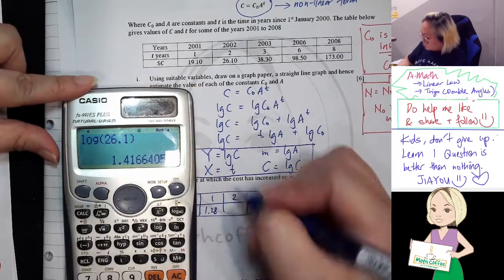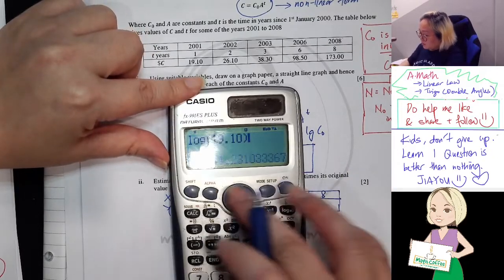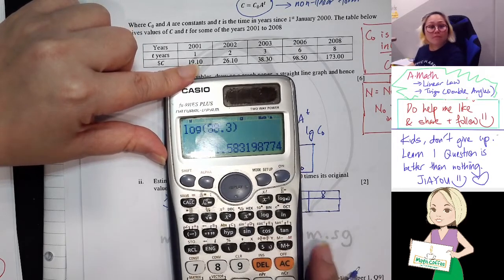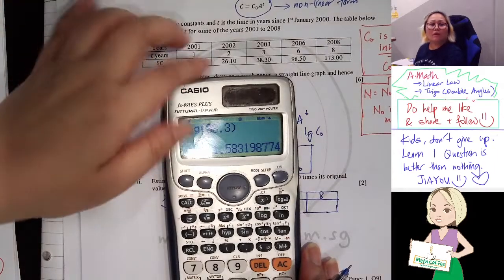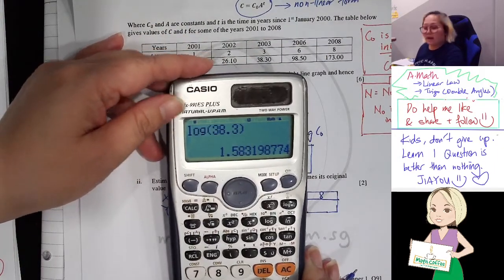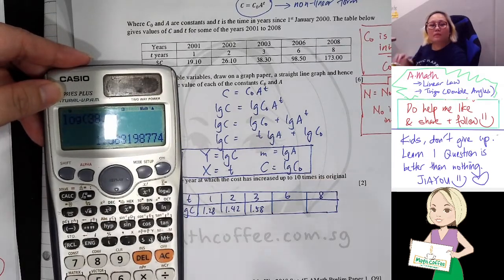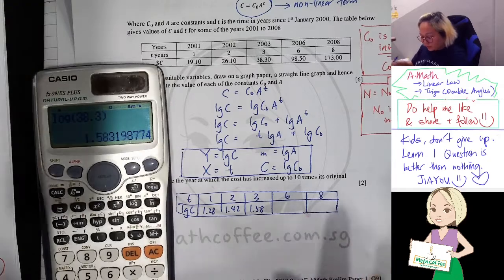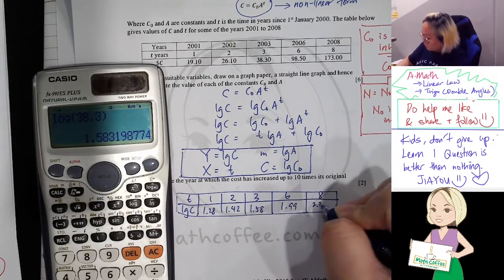Next is 38.3. I will get 1.58. And then the remaining I will just fill in. I get 1.99 and 2.24.